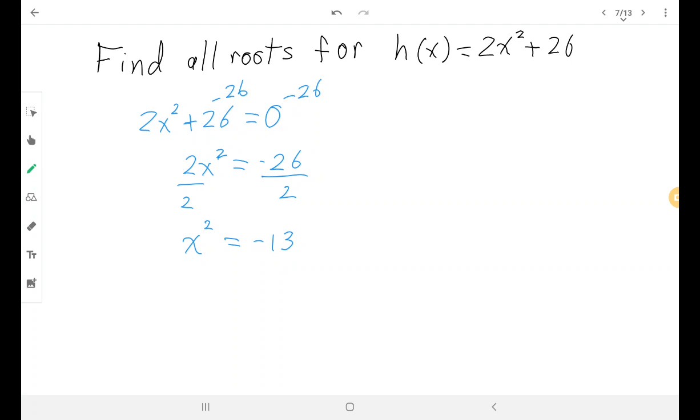And then, in order to get from x squared to x, I need to take the square root, and that means I need to take not just the square root on the other side, but the positive and negative square root.